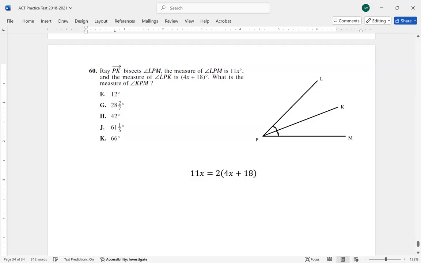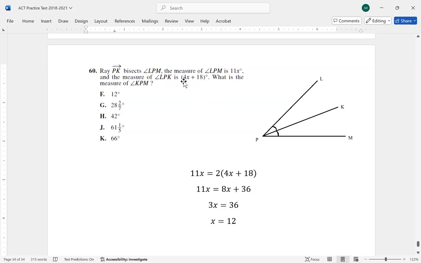I can use this now to solve for x. So solving for x would give me 11x is equal to 8x plus 36. Subtract 8x from both sides, that gives me 3x is equal to 36. Divide by 3 on both sides, and that gives me x is equal to 12. Now, 12 is not my answer. This is asking me for the angle KPM. That's going to be the same as LPK.